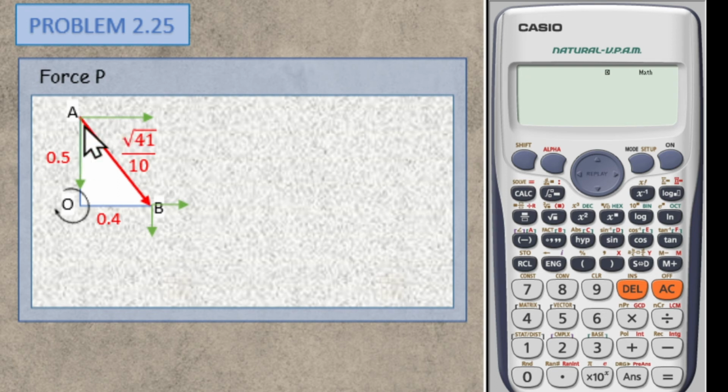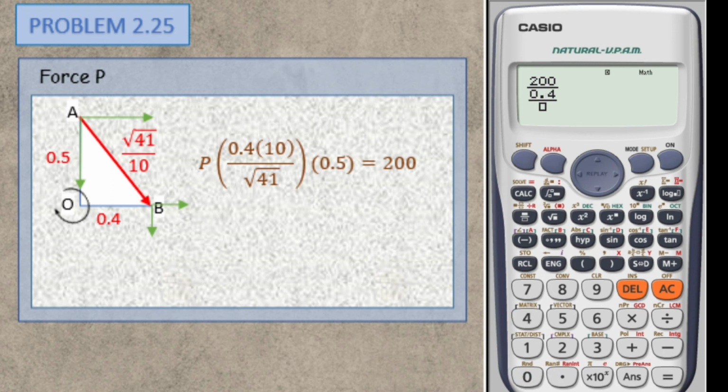Using point A, this will happen: P cosine theta multiplied by its moment arm equals our moment at O, which is 200 Newton meters. So P, our cosine theta, is 0.4 over the hypotenuse, the square root of 41 over 10, multiplied by its moment arm 0.5. So it will become 200 over 0.4.